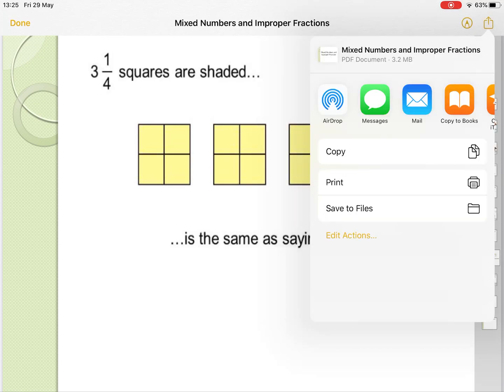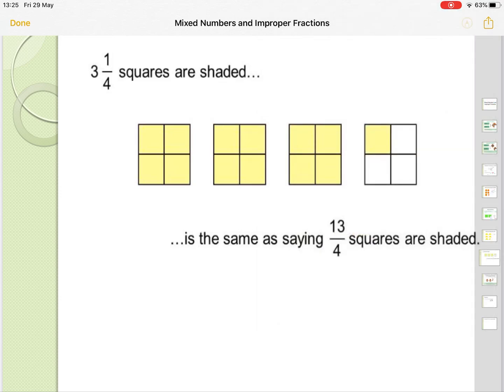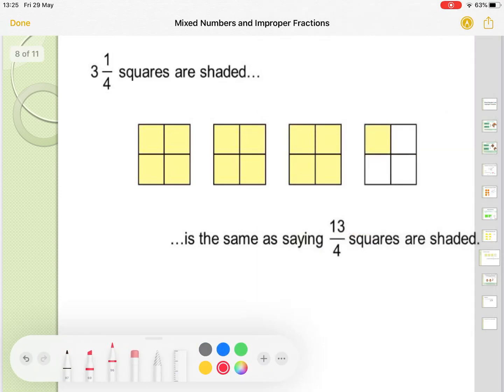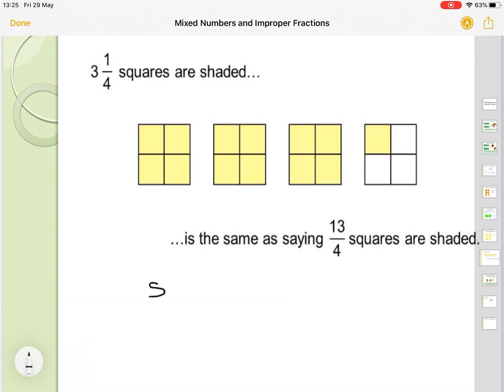So I can say, boys, that 3 1/4, I'm interpreting the same diagram. First of all, I am interpreting it from the mixed number side, and then I am interpreting it from the improper fraction side.